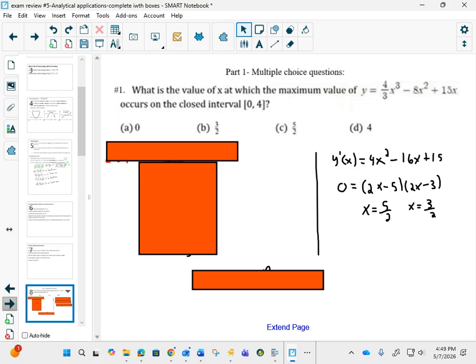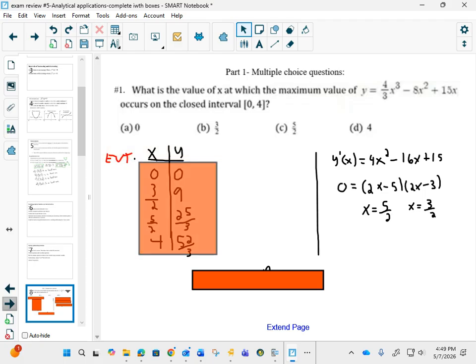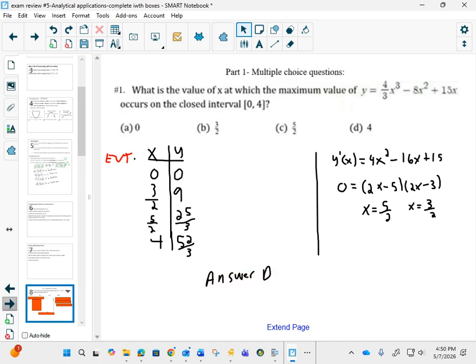So maybe I would go with those as my first trial and multiply it out and see if it works. Some of the multiple choice are very long. And then you have to plug in all of those values and see where their answers are to determine that the biggest one is at 52/3 when x is 4.